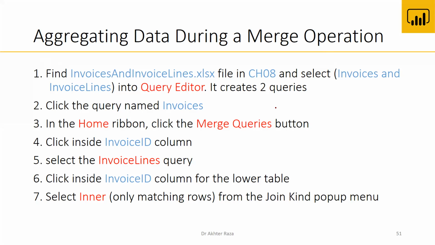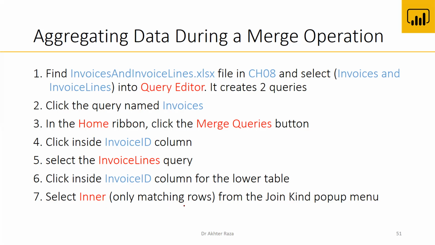We have to open the invoice and invoice line.xls in chapter number 8 and open this Excel file in the query editor. This contains two tables. One table is the invoice line table, and the other table is the invoices table. And we want to join them with the inner option.